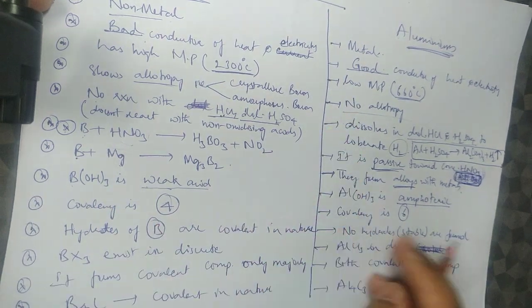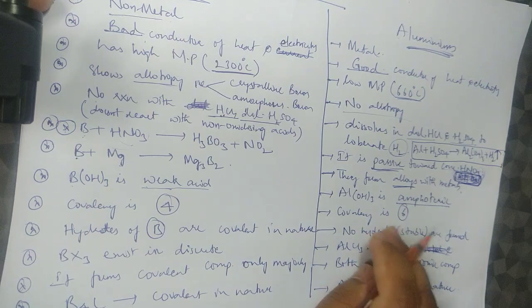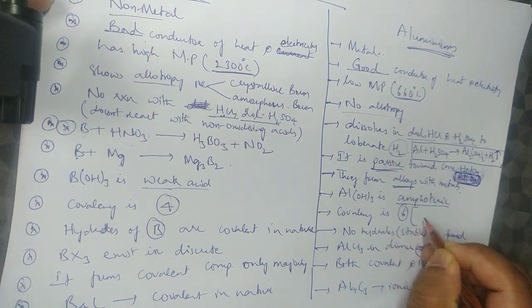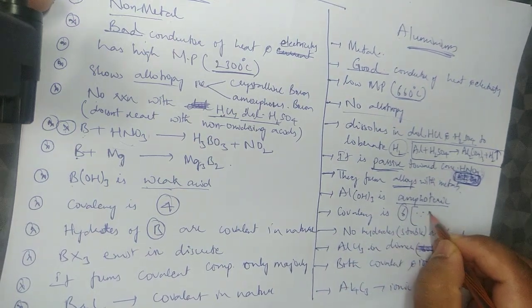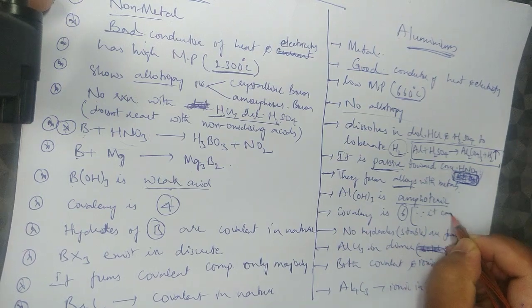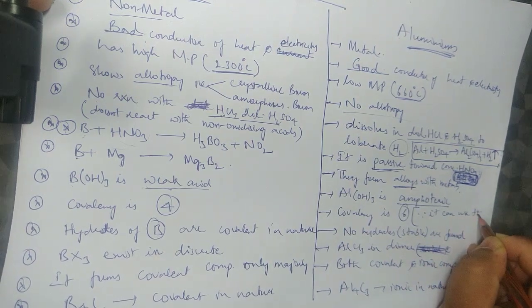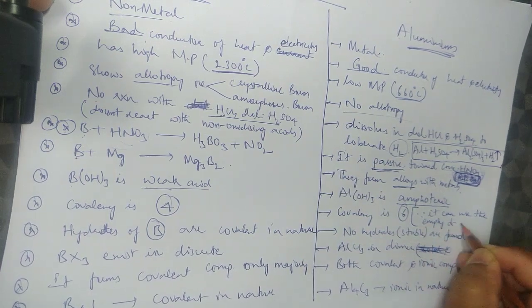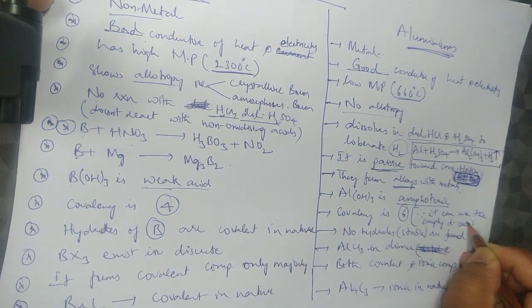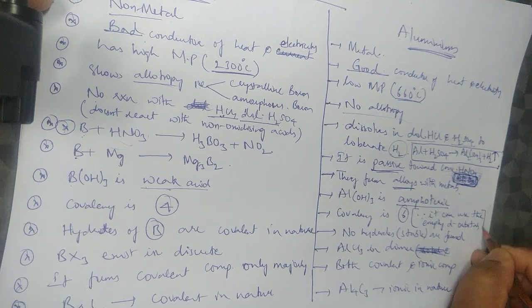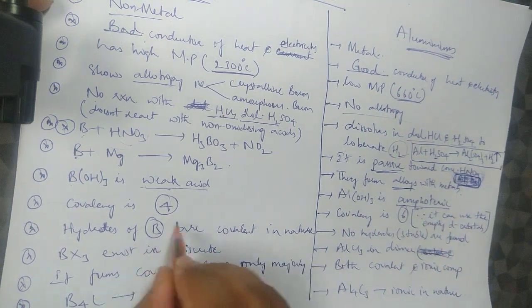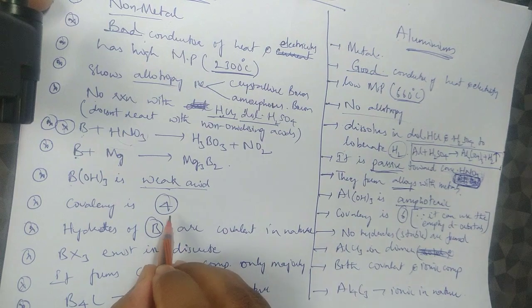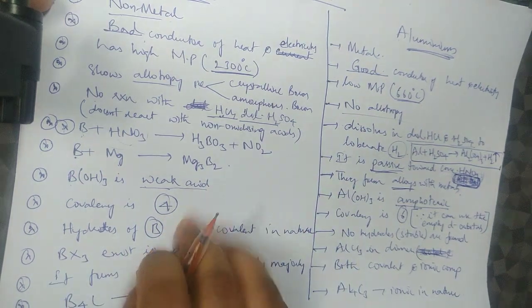Boron's covalency is 4. Aluminium's covalency is 6. Why is it exhibiting 6? Since it can use the empty d orbitals, it has the availability of empty d orbitals, whereas boron has no empty d orbital, so its covalency is limited to only 4.